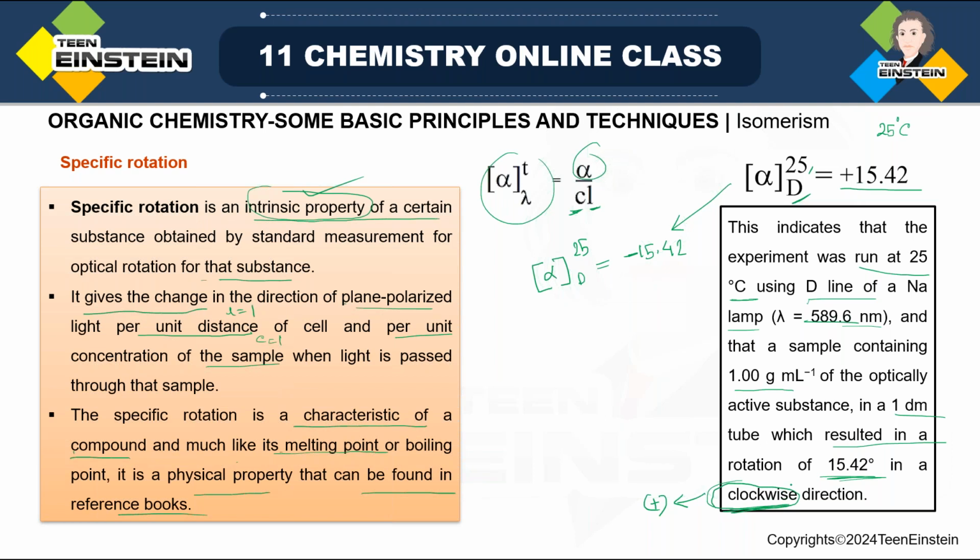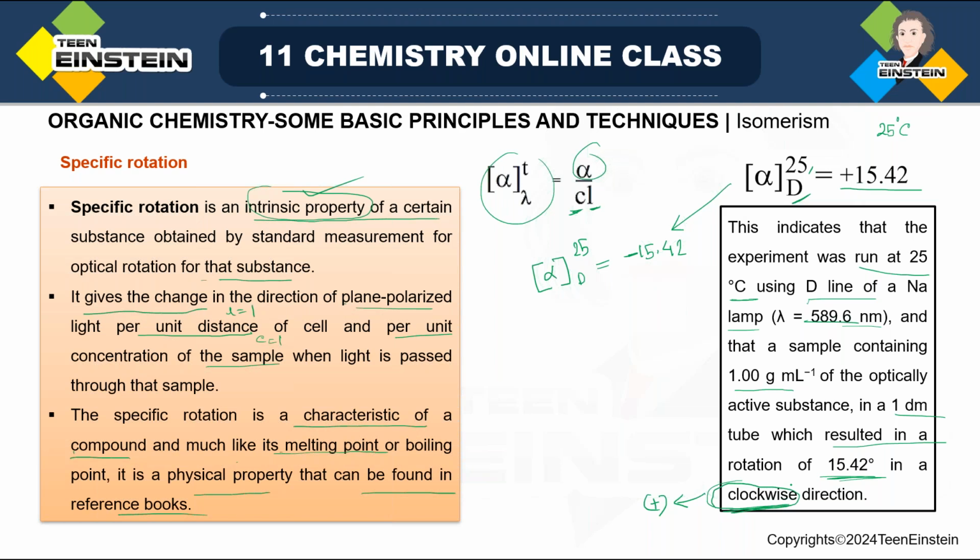Now one point can arise in your mind. In the last slide we have seen that when we take the mirror image, R is changed to S and S is changed to R. So is there any correlation between this positive sign and negative sign, this clockwise and anti-clockwise rotation of plane polarized light, and R and S?